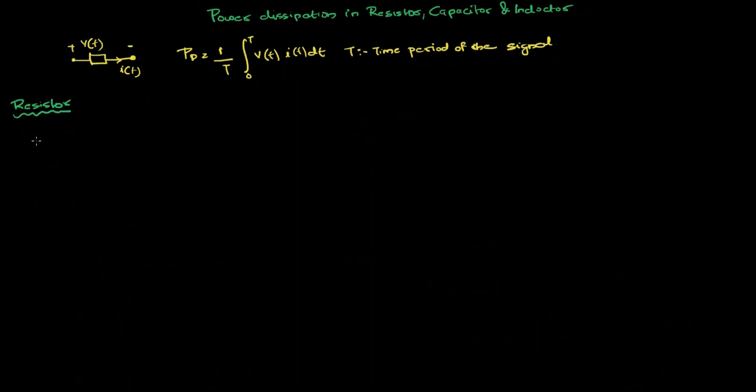Suppose you have a resistor R with a current I of t flowing through it.